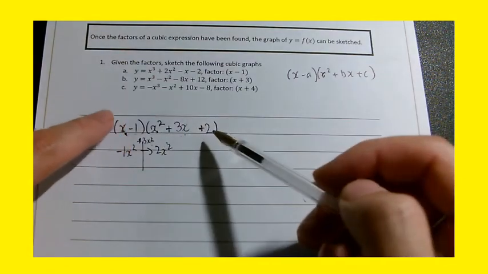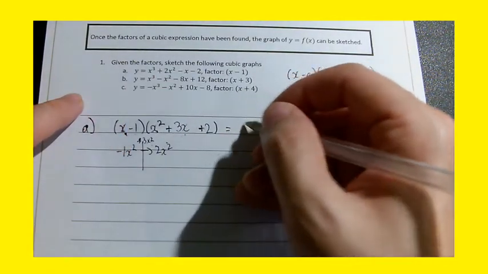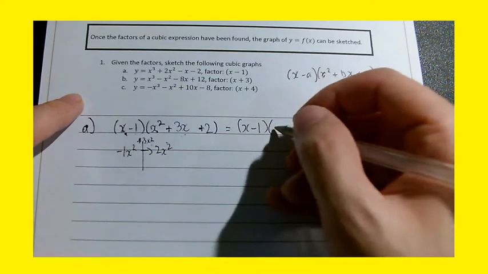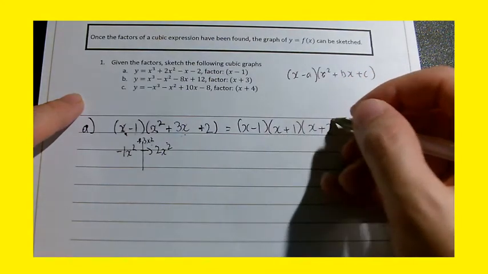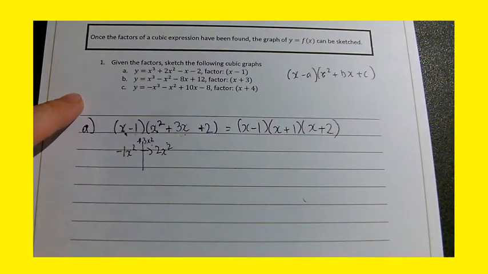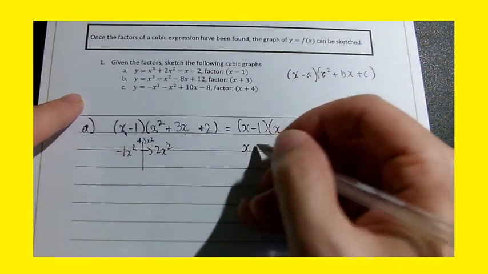So this does check out. Now if I factorise this further, I'll get this, and that's the fully factorised cubic.